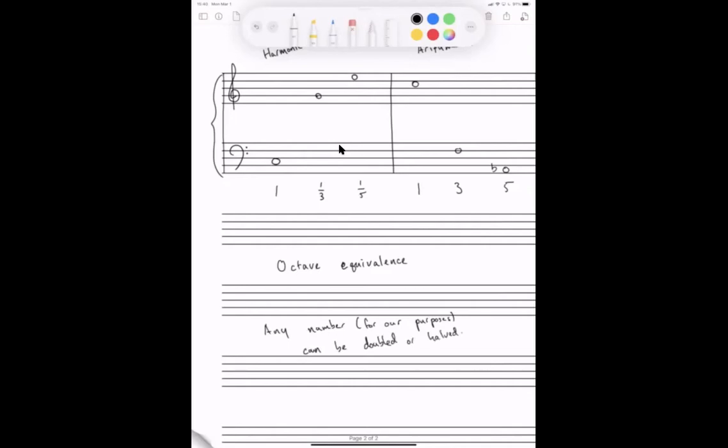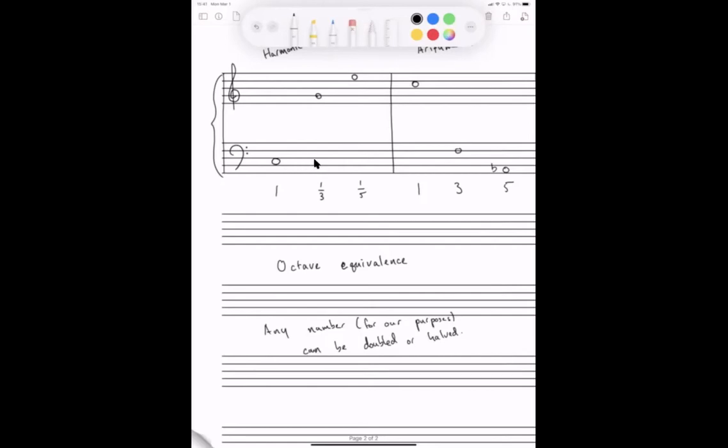So any note, like the C would be 1, while the C an octave higher would be half. And to get from 1 to 1/2, we just multiply by 1/2. And then this C up here would technically be 1/4, okay? Because we would multiply by half to get the middle C, and then we would multiply by half again to get this high C, and that would be the same as 1/4. Likewise, if we were thinking of this C as 1, we could double it to get middle C, which would be 2, and then we could double that to get the low C, which would be 4.